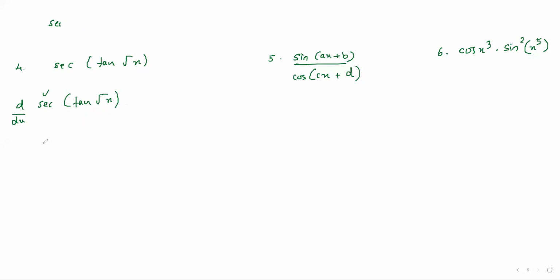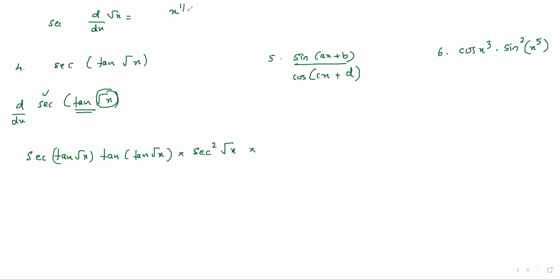What is the derivative of sec of tan root x? It is sec of tan root x into tan of tan root x. That is the first part. Next you have tan inside, right? So the derivative of tan is sec square of root x, into the derivative of root x. Root x means x raised to 1 by 2, right?